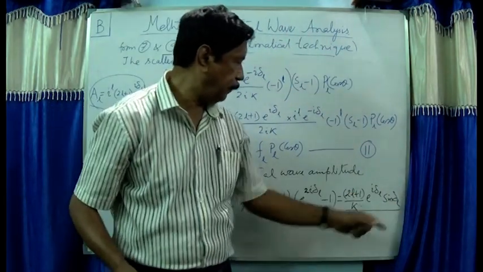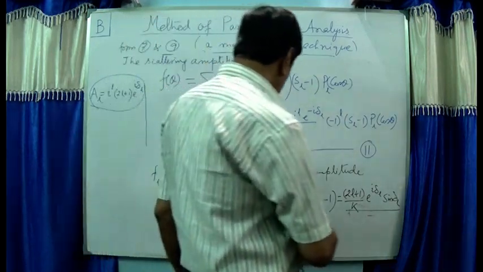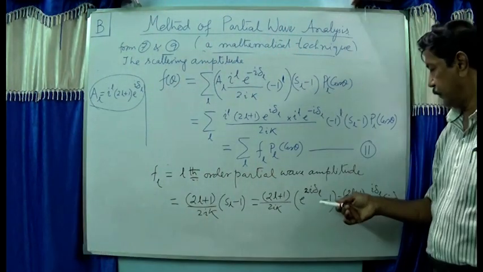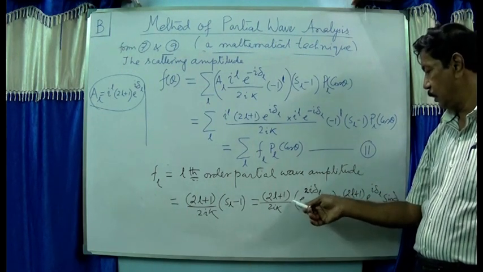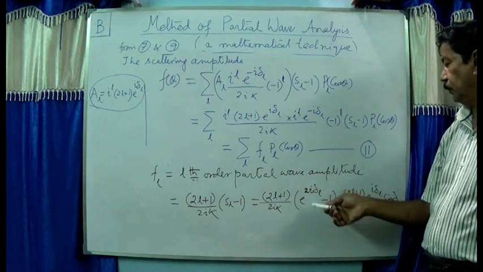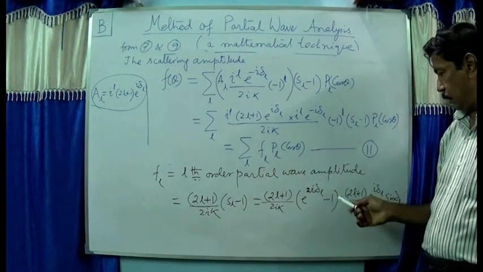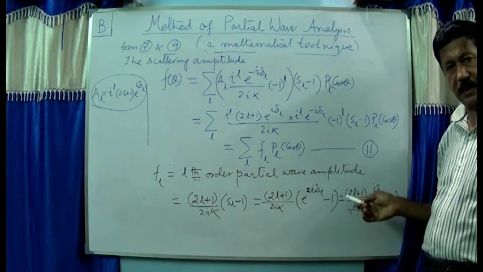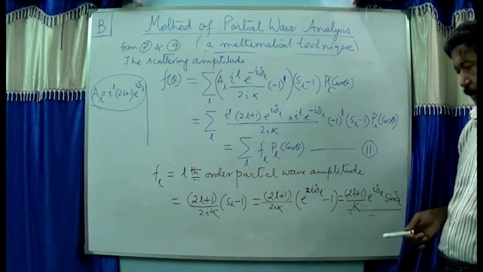It is easy to follow that if you take common e to the power i delta_L from this bracket, we will have e to the power i delta_L minus e to the power minus i delta_L, so that will reduce to sine delta_L.